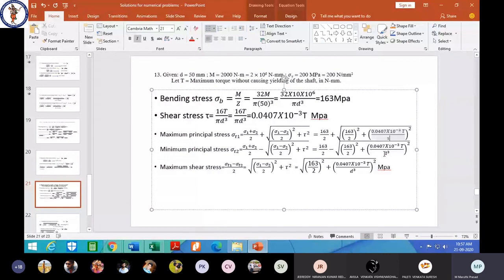Only it is tau square, so 0.0407 into 10 power minus 3 T whole square. That's it. Already we have substituted the D value as 50, so by substituting that value, we got 0.0407 into 10 power minus 3.